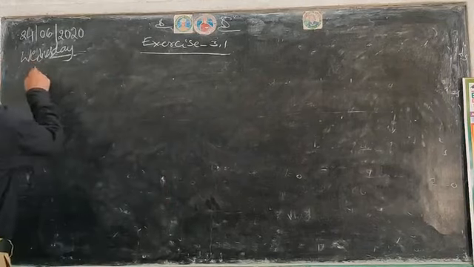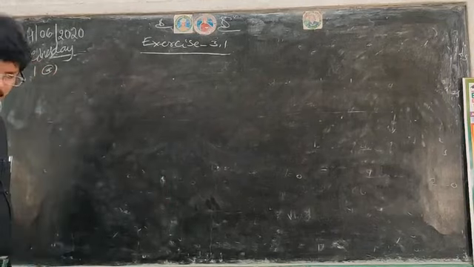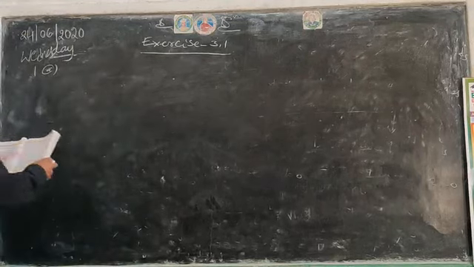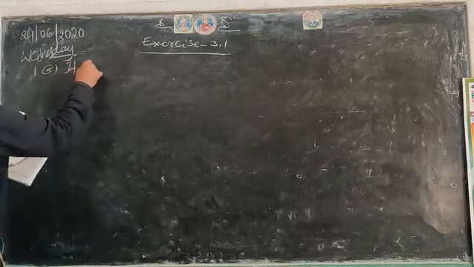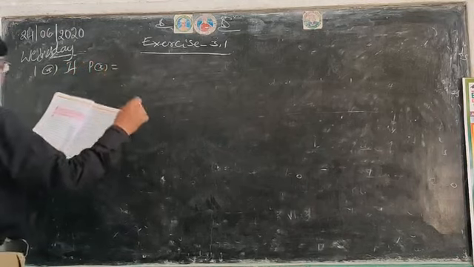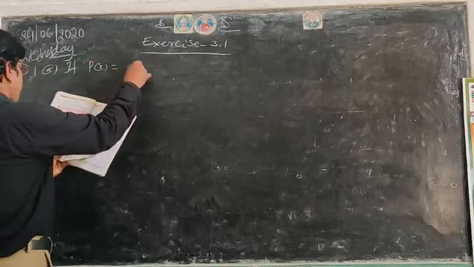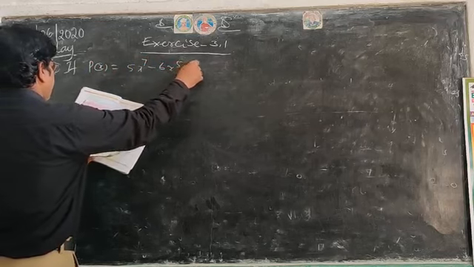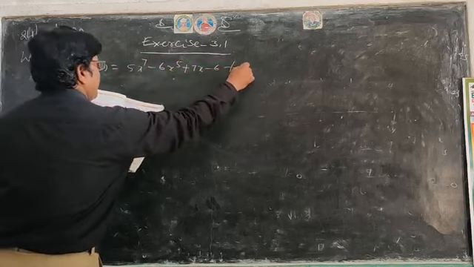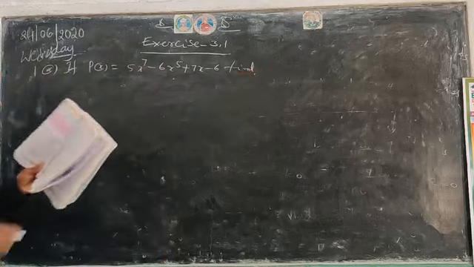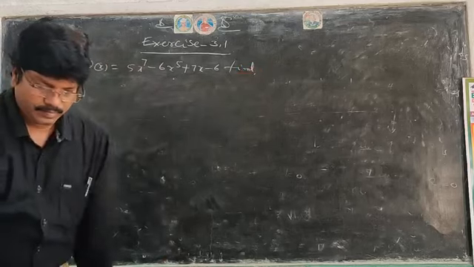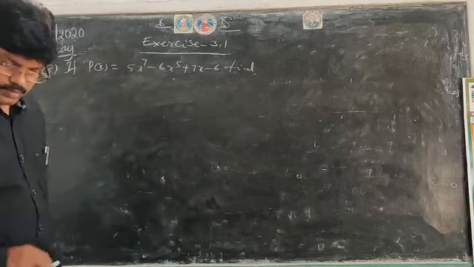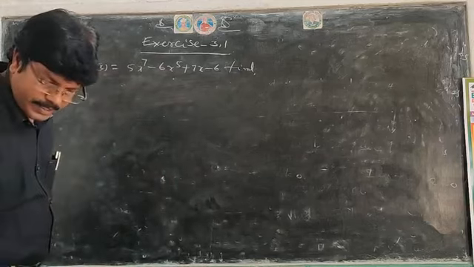1A. If P of x equal to 5x power 7 minus 6x power 5 plus 7x minus 6, find the coefficient of x power 5.